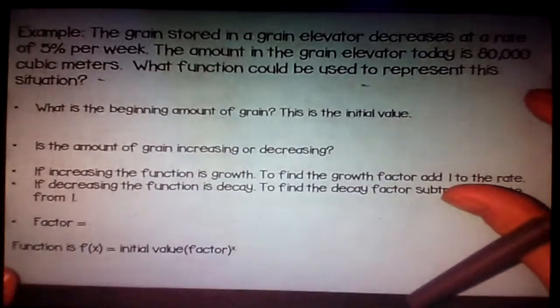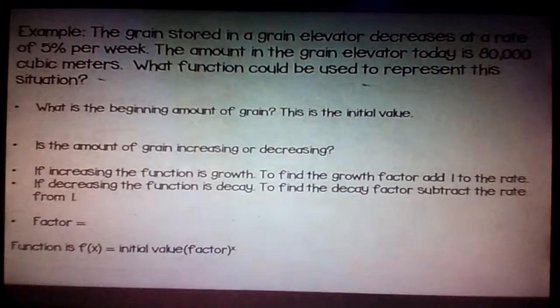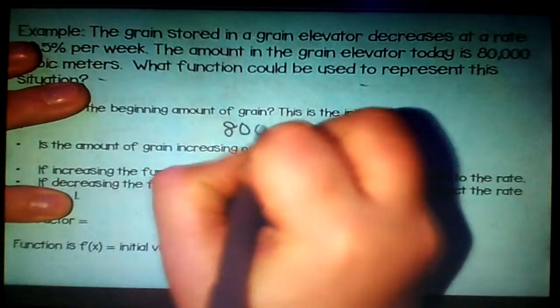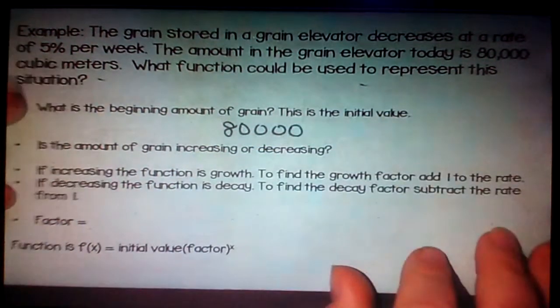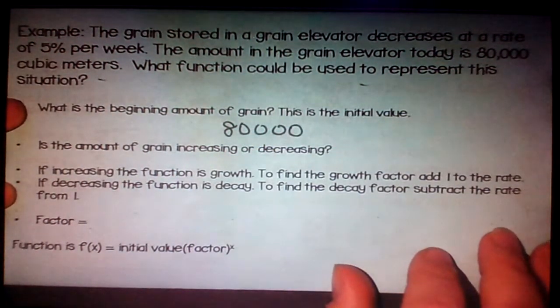Okay, so the grain stored in a grain elevator decreases at a rate of 5% per week. The amount in the grain elevator today is 80,000 cubic meters. What function could be used to represent this situation? So what's my beginning amount of grain? 80,000. Are we increasing or decreasing?